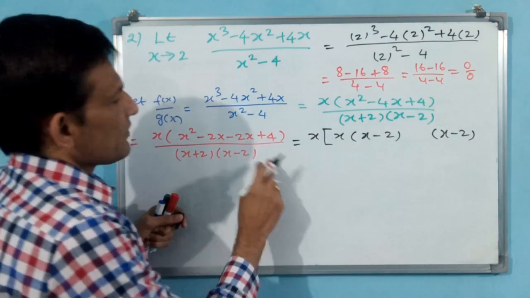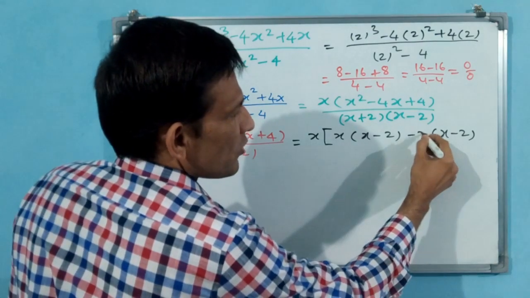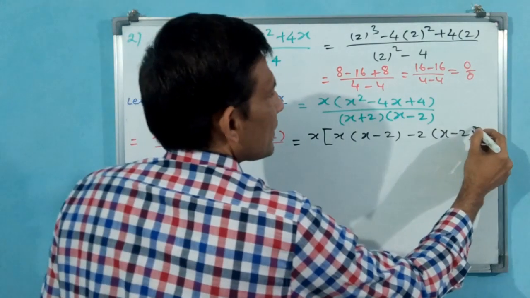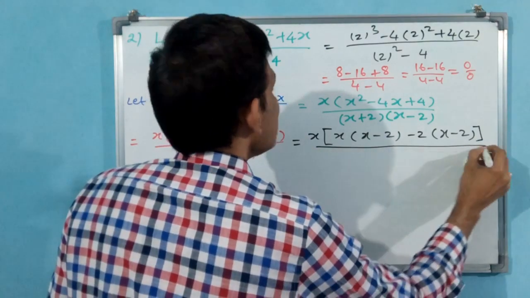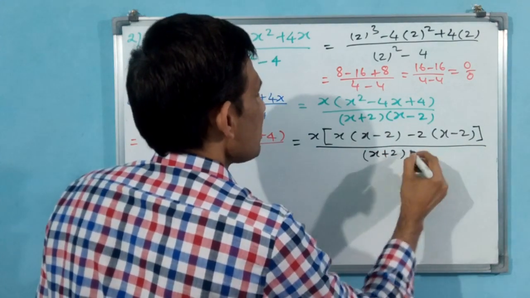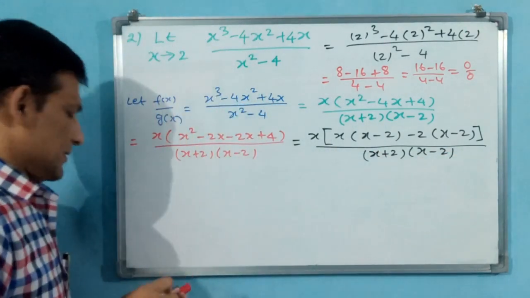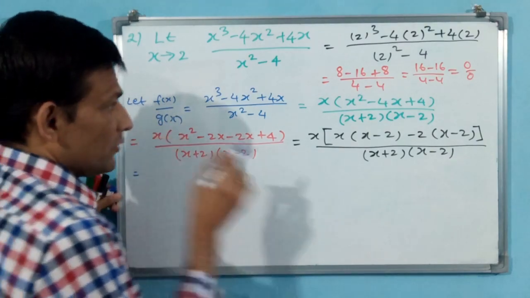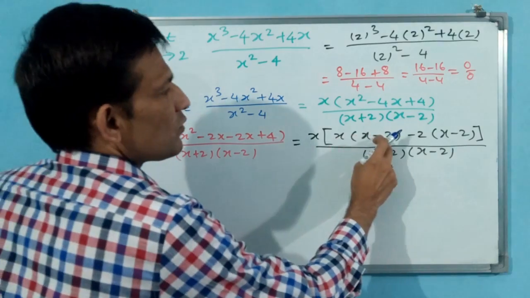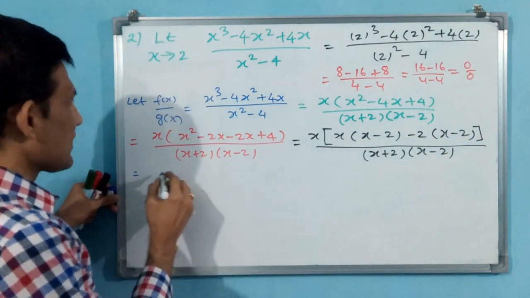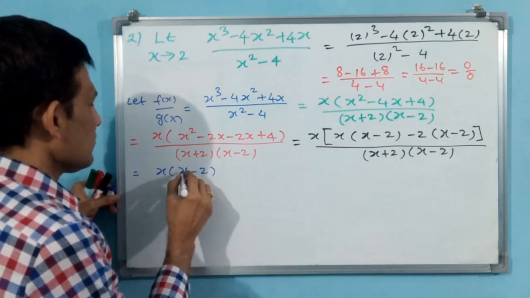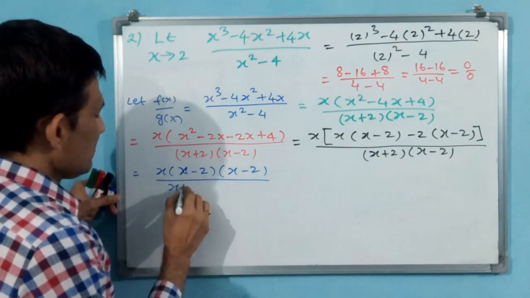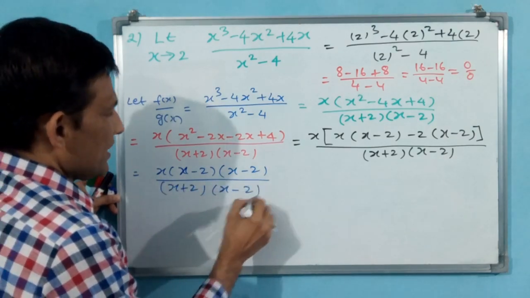Now minus 2x plus 4 has to come, so keep minus 2 outside: minus 2 into x minus 2. Now close the bracket. Denominator x plus 2, x minus 2. Now you write x into x minus 2, x minus 2, over x plus 2 into x minus 2.